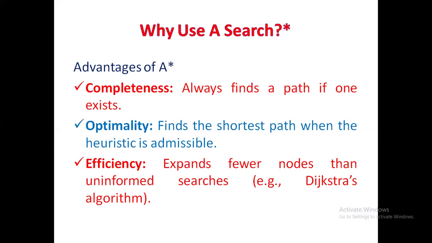If the heuristic function is admissible, A star guarantees finding the shortest path. And efficiency: compared to uninformed search methods like Dijkstra's algorithm, A star expands fewer nodes, making it computationally efficient for large graphs and real-time applications.